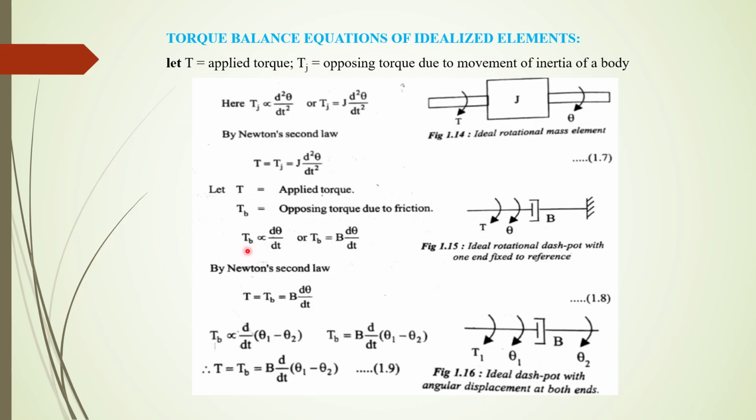So TB is directly proportional to angular velocity, which can be written as TB equals B times d theta over dt. Based upon Newton's second law, we can write applied torque equals opposing torque equals B d theta over dt.